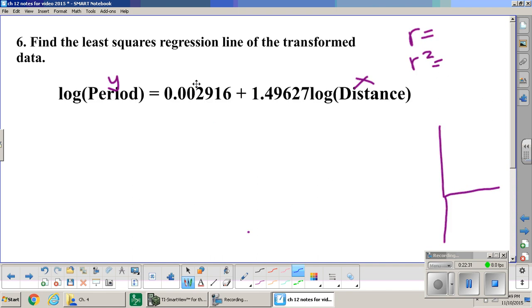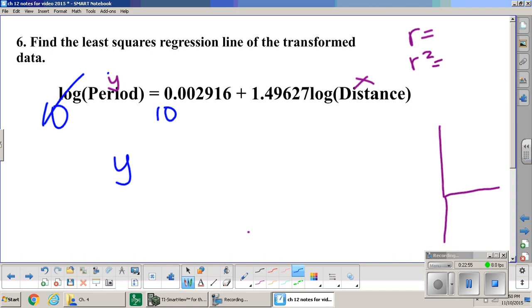Okay, finally, we're at the end. You know you've got a great model. It fits the data fantastically when it's linear. So now we need to transform it back into a usable power model. So here we go. Raise everything to 10 because we used logs. 10 and log cancel.